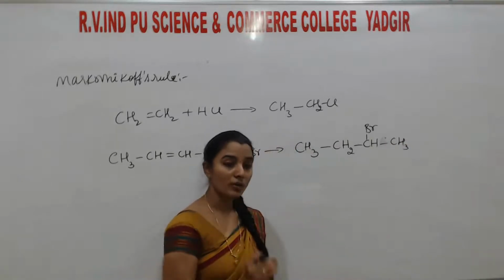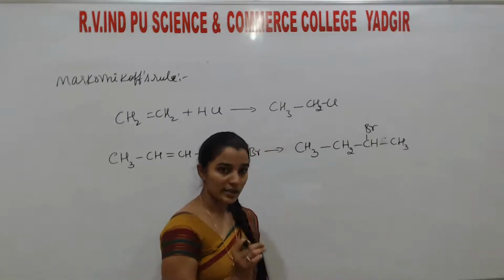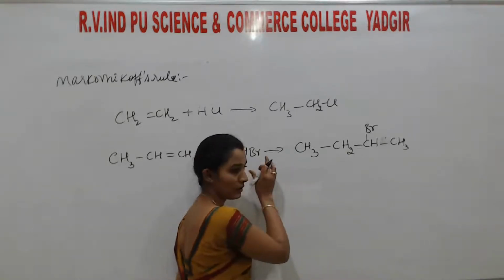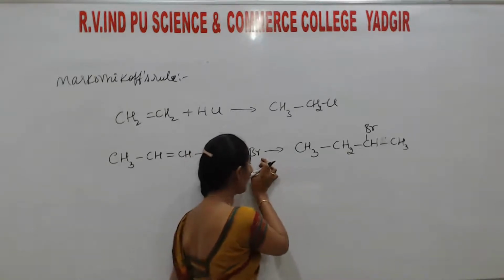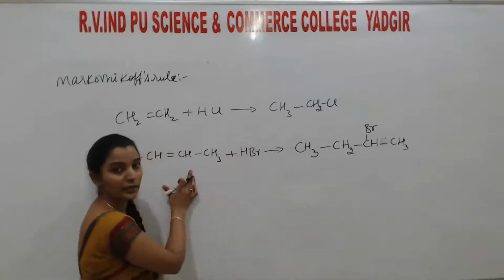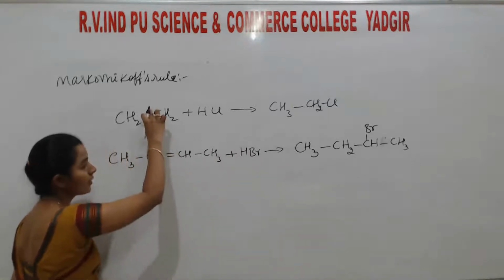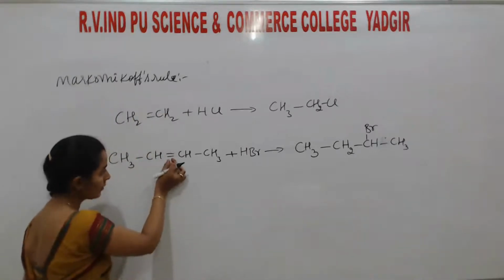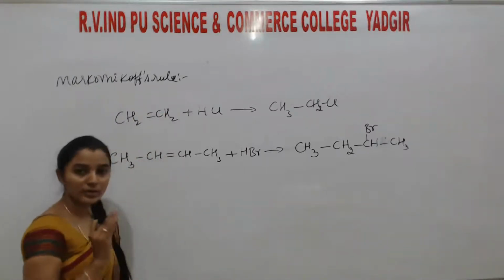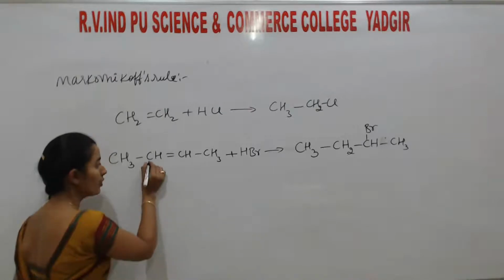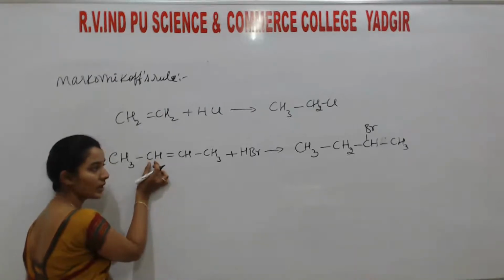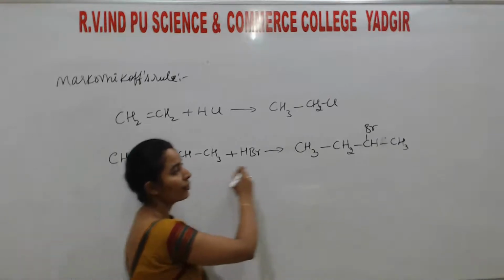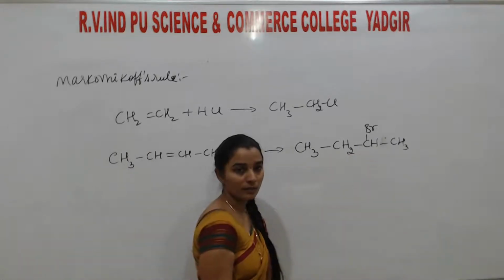So this Markovnikov rule cannot explain the addition of unsymmetrical reagent to symmetrical alkenes. This is the double bond, and on either side of the double bond the same groups are there. So to this carbon atom Br is attached, or to that carbon atom Br is attached; from both sides the product is the same.